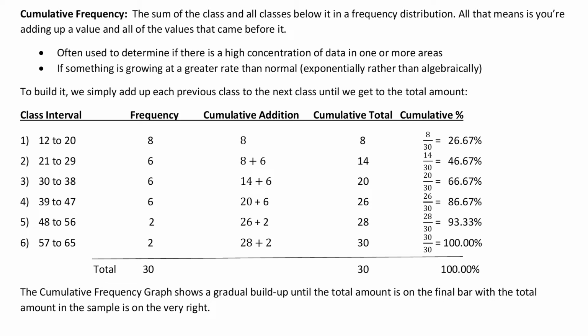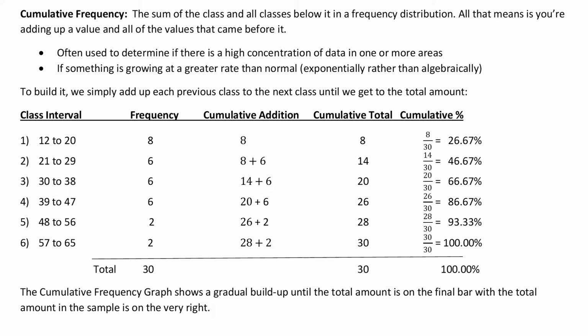So the cumulative frequency for that first component is 8. And the percentage would be 26.67% as before. But then we add 6 in the 21 to 29 to that 8. 8 plus 6 is 14. 14 out of 30 is 46.67%.